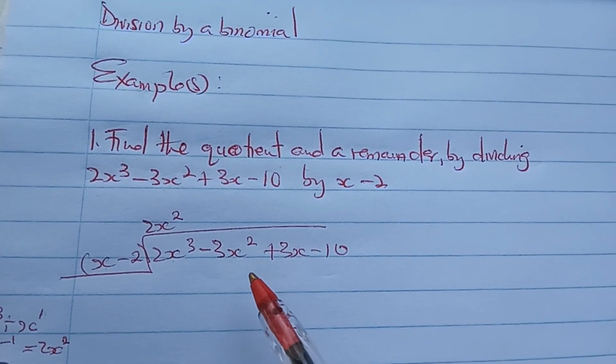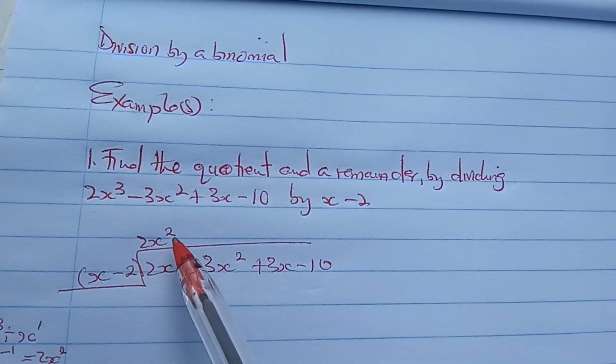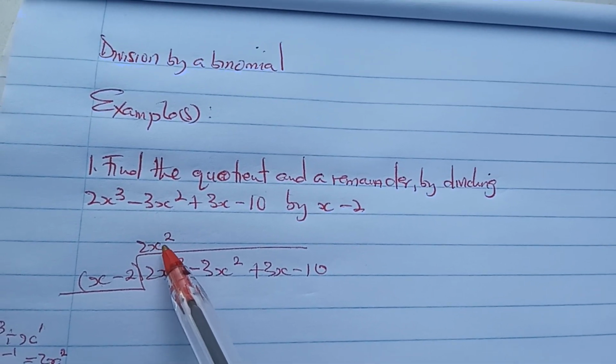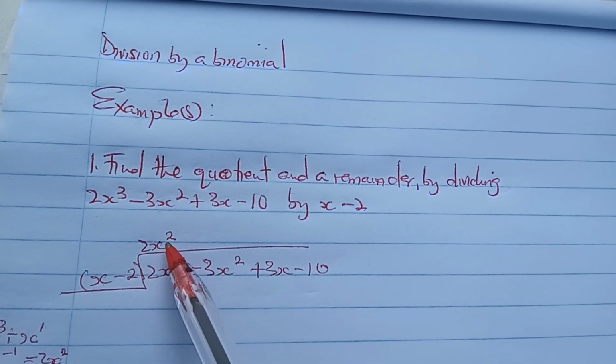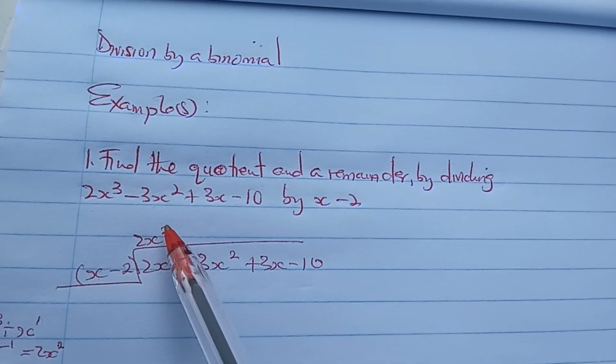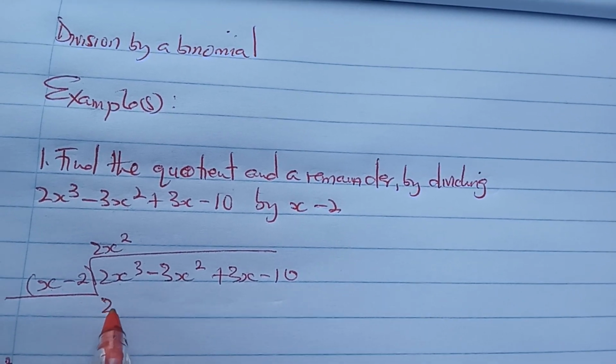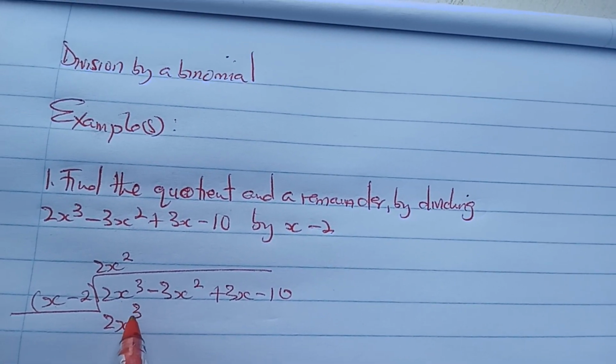Now when we are done, we multiply that 2x to the power of 2, or that answer that we got on top there, by each term in the bracket. Okay, so 2x to the power of 2 by x, the answer is 2x to the power of 3.